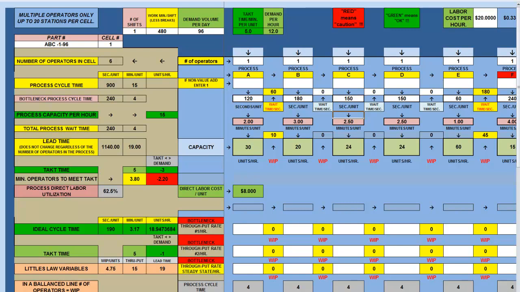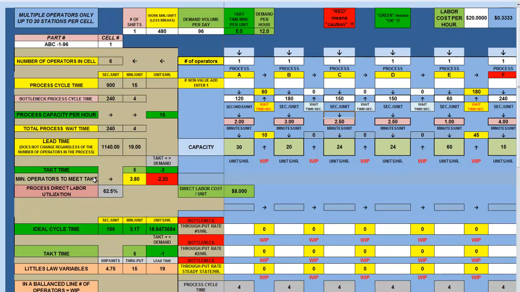If we look here, it says minimum operators needed to meet TAC is 3.8. Let's look at only using 3 operators.